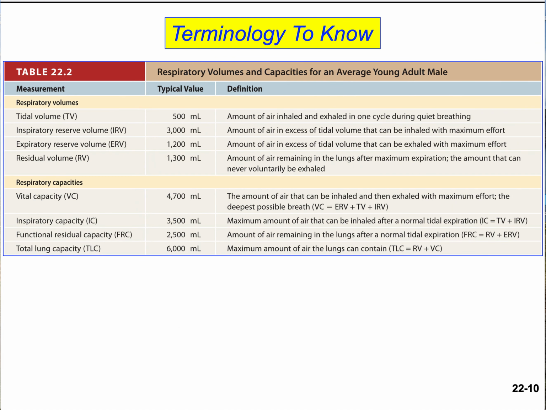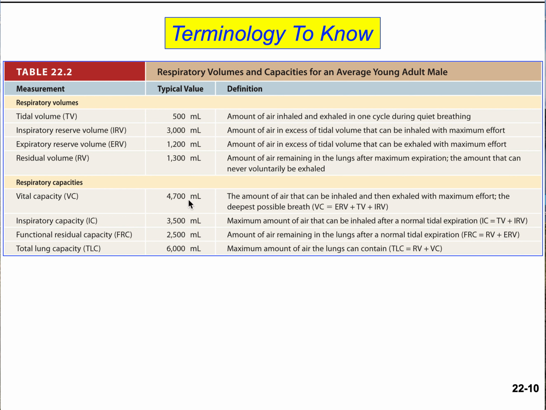Well, that's not the only terminology. Here we had tidal volume, inspiratory reserve, expiratory reserve, residual. We just talked about those. Now we have some other terms about capacities. Your vital capacity is the amount of air that can be inhaled and then exhaled with maximum effort.